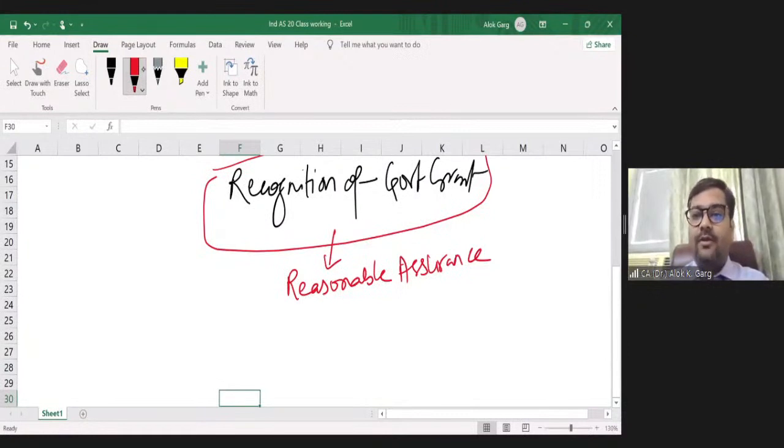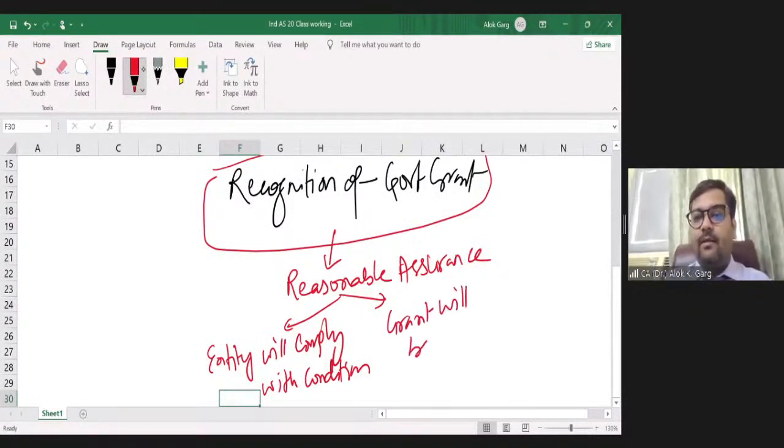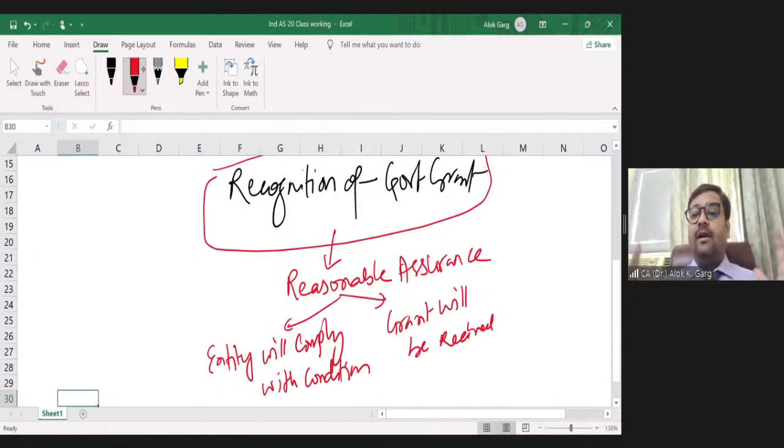Reasonable assurance of what? That the entity will comply with the conditions, and the grant will be received. So two things are there. One, the entity will comply with the conditions, and second, the grant will be received. In that case, the government grant will be recognized.